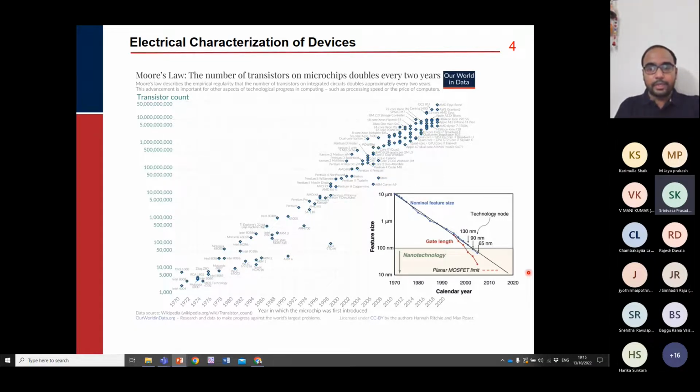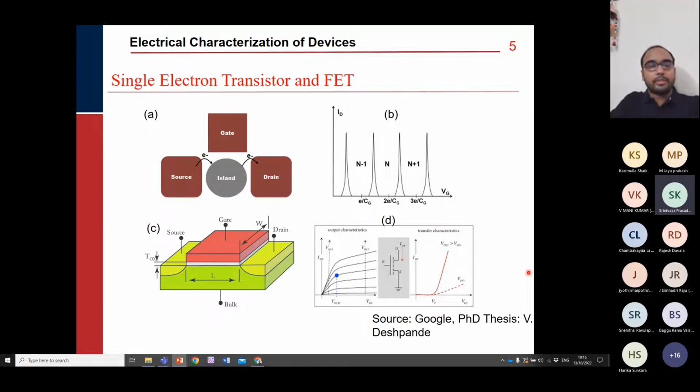Okay, so now let us take an example of such a nano electronic device. One such device is called a single electron transistor. So what is it? We all know about the field effect transistor. It has a source electrode, a drain electrode, and a gate electrode, right? This is something we have all studied in our undergraduate days. And we have a channel which connects the source and drain.